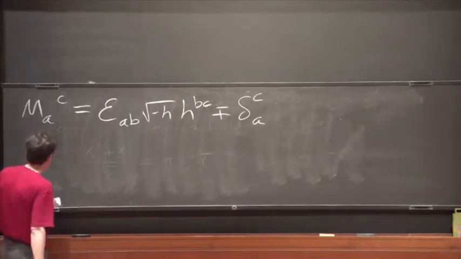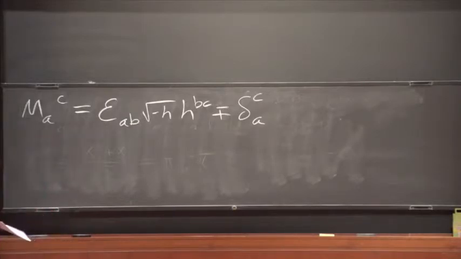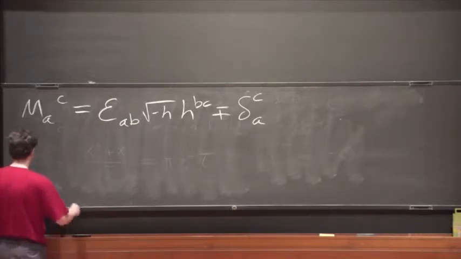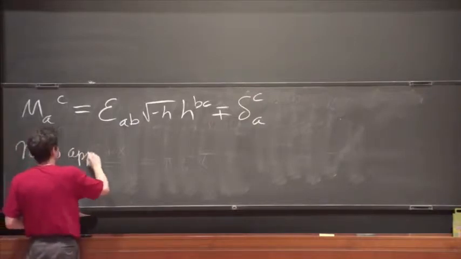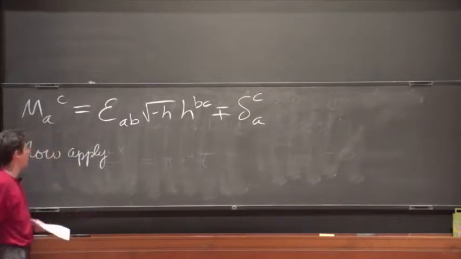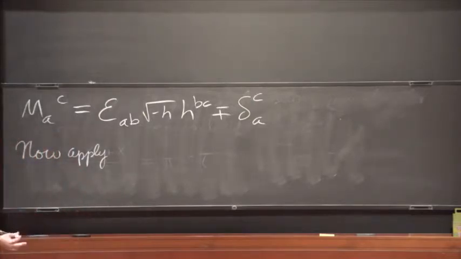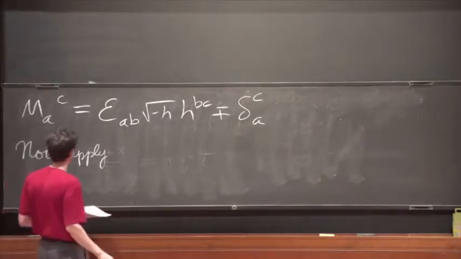Okay, so now let's get to the kind of punchline here. We built up some technology, and I want to now derive this formula that I've advertised thoroughly in advance.